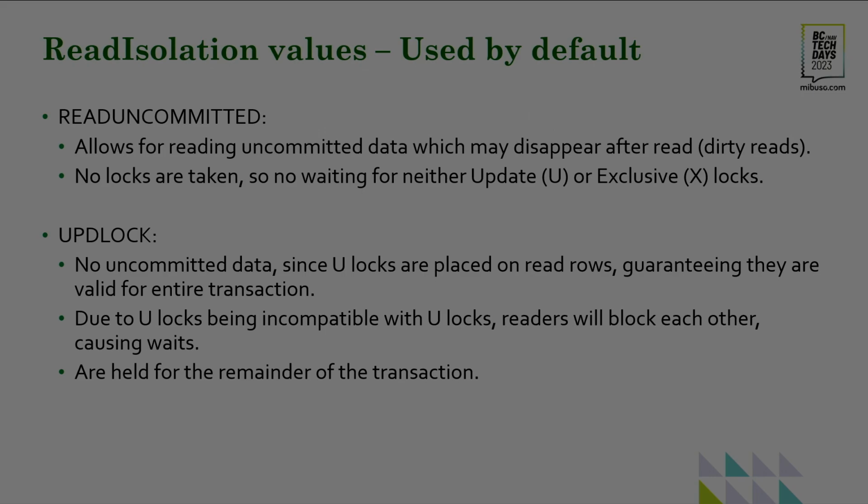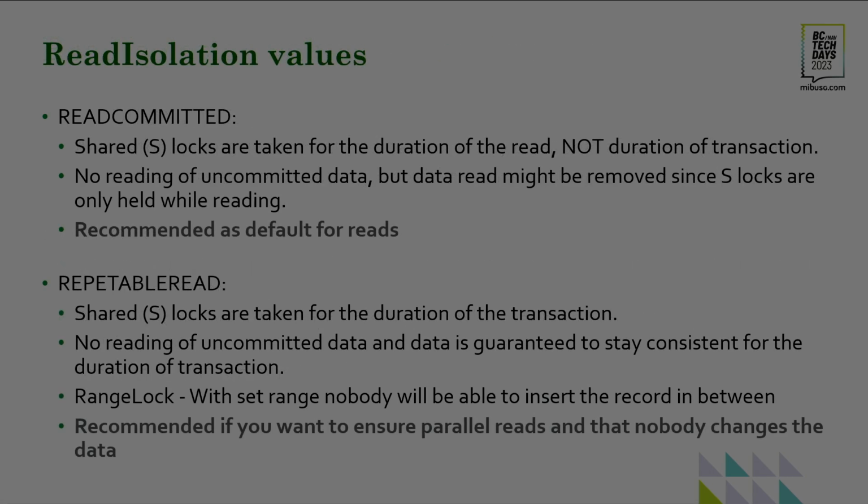We have already seen these 2 read isolation values. You can, of course, choose those 2. I'm not going to go through them again. But we also gave you access to 2 more options, and these of course map to the SQL ones, right? So you can go in and say, I want to read the data read committed, which means you don't have dirty data anymore. The reason you don't have dirty data is you place a shared lock on the table, but only for the duration of the read, right?